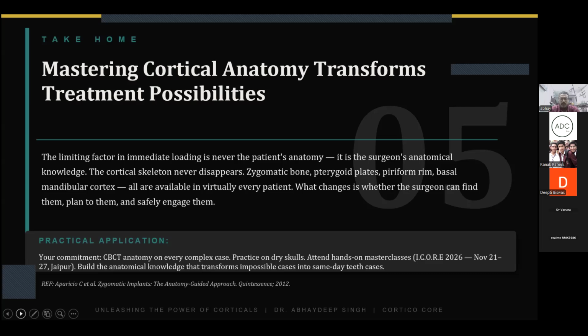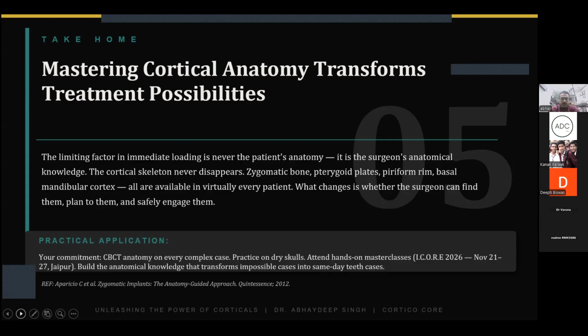Now, if you are not trained in how to engage those corticals, you will definitely end up failing those implants. Then the whole claim that the implants are failing, that basal implants fail, cortical implants fail, immediate functional loading implants fail, this whole thing is based upon the implant type.